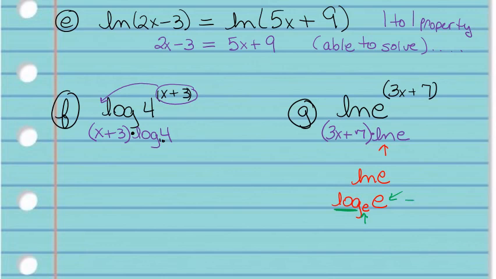And so the answer to this question is 1. We'll learn one of these properties in another video, but the natural log of e is 1. And so really, this whole expression has just been simplified to just 3x plus 7, because natural log of e is 1.